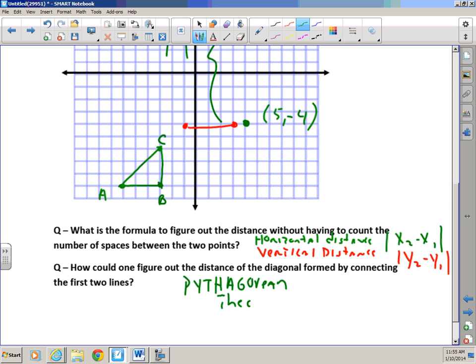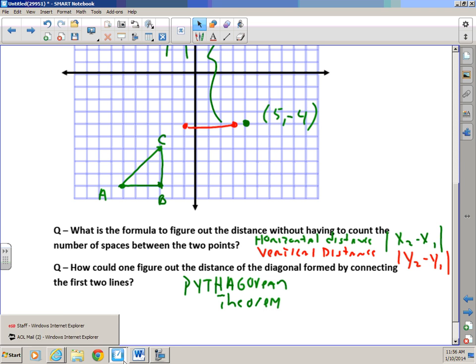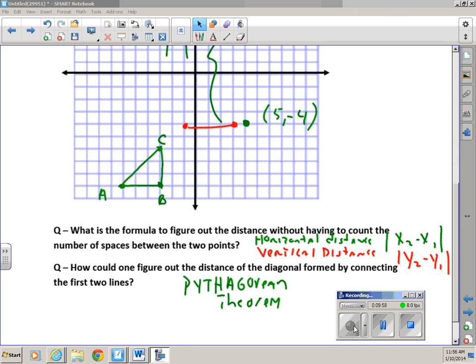Now, I mention this now, even though we're going to cover this later on in the course, only because I want you to understand that a diagonal distance is not something that can be obtained by the 2 formulas we talked about or by counting. Okay, so that today was the basics of the coordinate plane.